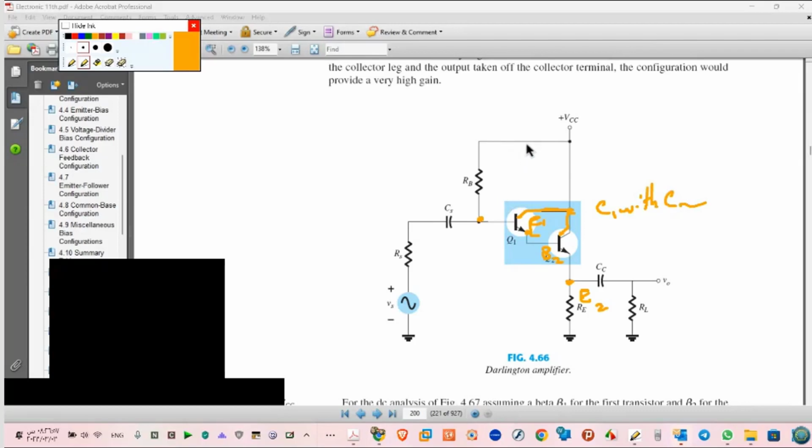So again, in Darlington, I will connect the collector and base with the emitter, and I will take out from the emitter and collectors. I will connect the collectors together.